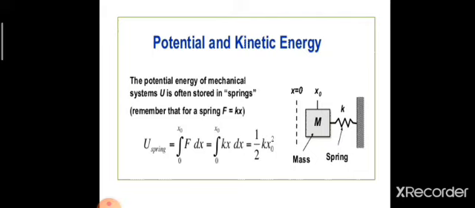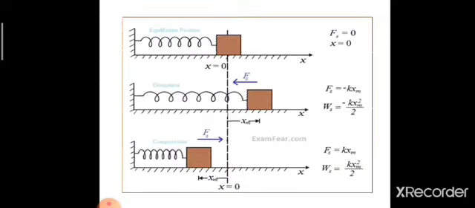So we have seen that the potential energy stored in the spring is given by this work done, which is half k x0 squared. Now coming to the previous case, the equilibrium position and the elongation and compression of the spring are shown in the figure.